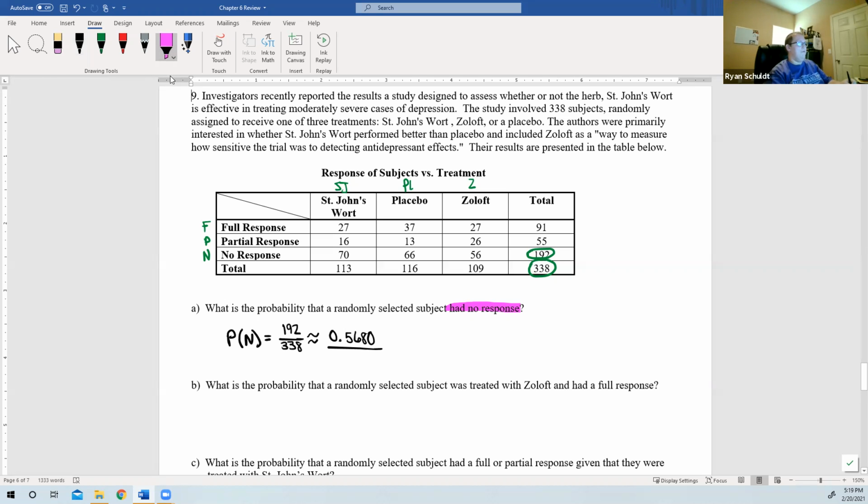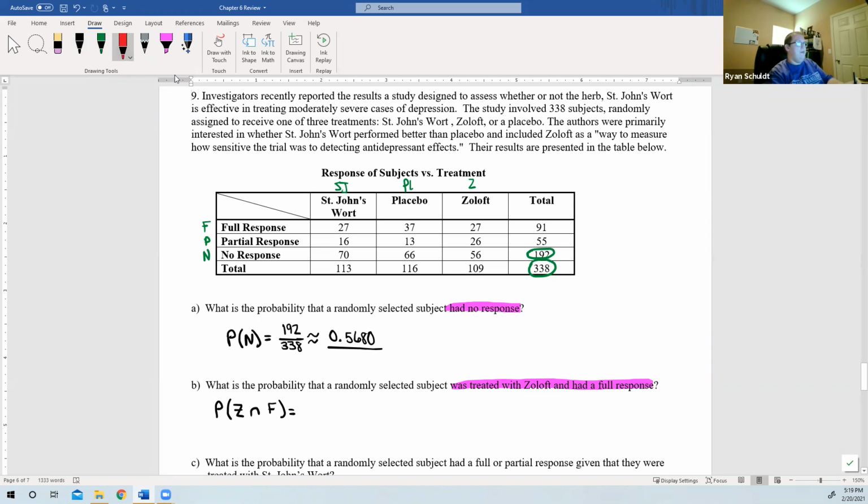What's the probability that a randomly selected subject was treated with Zoloft and had a full response? So Zoloft and full. That's what we're looking for. The probability of Zoloft and full.